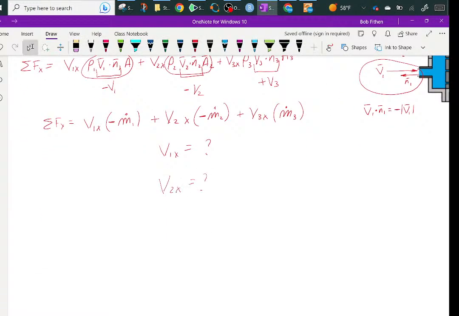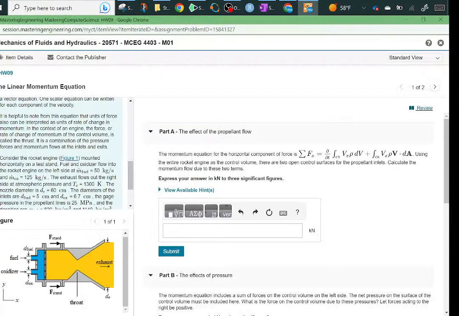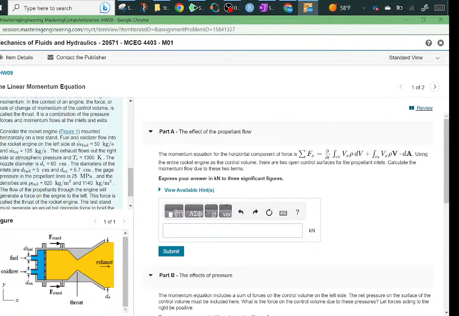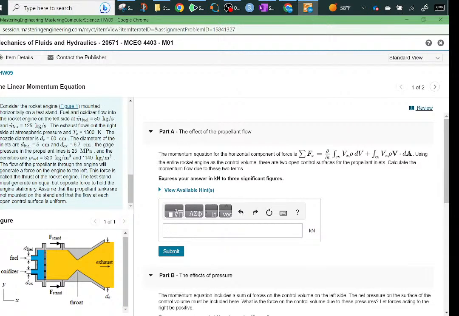V2x equal to what? And V3x equal to what? And I may not need to know all that. Actually, I may not need to know some of that.